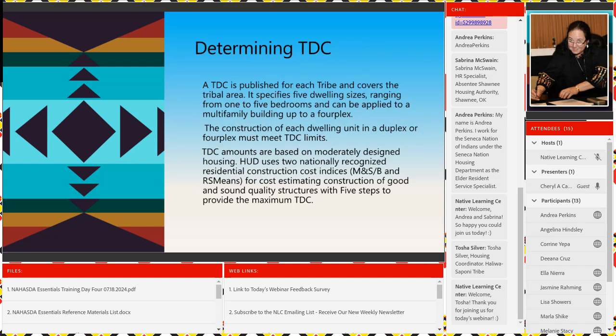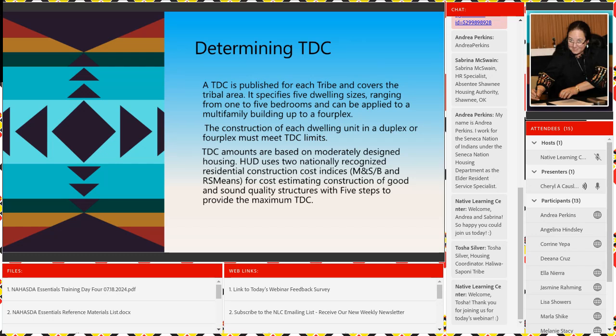So determining the TDC, it's published for each tribe. It covers your tribal area. It specifies 5 dwelling sizes ranging from 1 to 5 bedrooms, can be applied to a multifamily building up to a fourplex. The construction of each dwelling unit in a duplex or fourplex must meet the TDC limit.